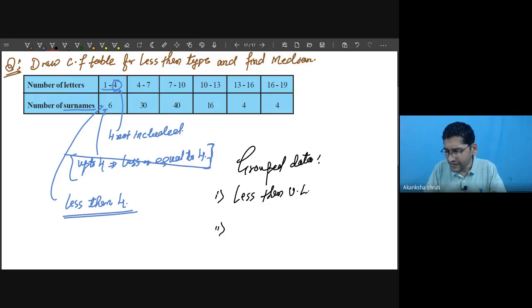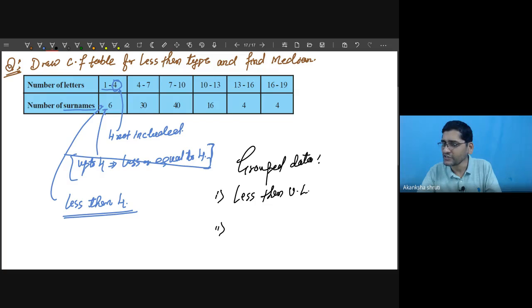There is another way. If we want to write in terms of lower limit, then it will be what? For looking at the lower limit, you have to start from the end. Means greater than or equal to 16 is 4. Greater than or equal to 13 is 4 plus 4.